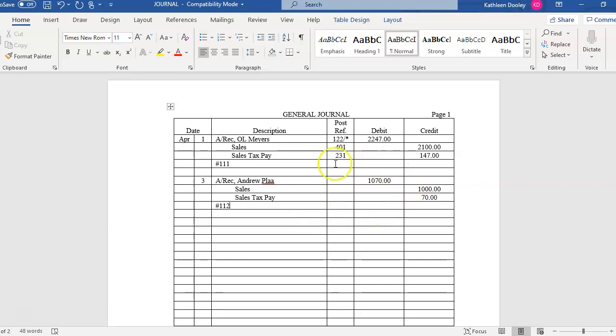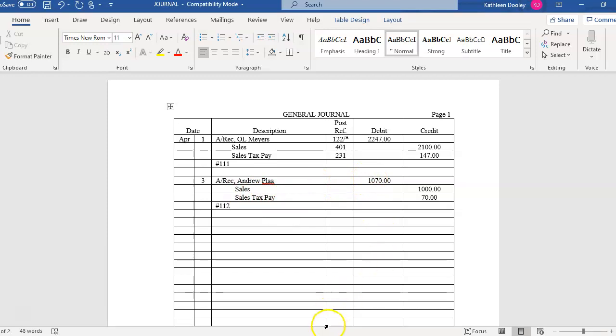Before I go on, I say, is there anything in there that needs to be posted to a subsidiary ledger? Yes, I have a customer, Andrew Play. So I have to, at the very minimum, post Andrew Play. I'm going to go ahead and post accounts receivable and Andrew Play. I'm not going to worry in the rest of this demonstration about sales and sales tax payable.